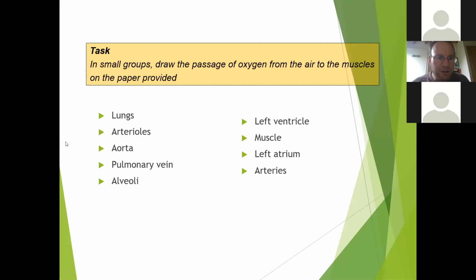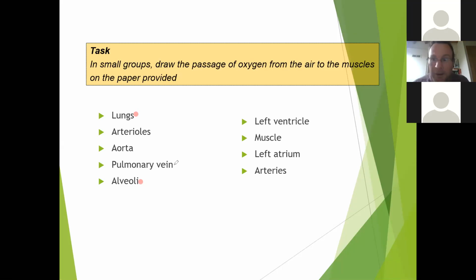So what we should have had is some sort of diagram that shows you starting at the lungs, oxygen transfers across into the blood at the alveoli, comes back to the heart via the pulmonary vein, arrives at the left atrium, gets transferred to the left ventricle.